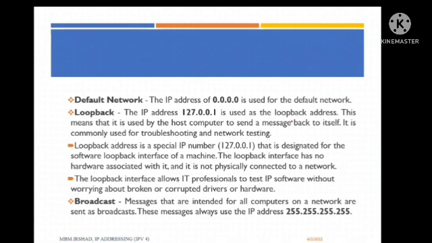You don't need to worry about anything; just know this number is for the default network. 127.0.0.1 is used for the loopback network. This means it is used by the host computer to send messages back to itself. It is commonly used for troubleshooting and network testing. That is what we call loopback.